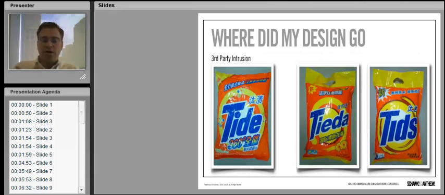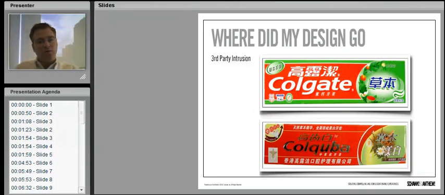And the Chinese government has yet to put laws around copycatting. Here's Tide. This is another great example. Looks real close. The one on the left obviously is the real one, and the two on the right are a little different. But if you don't have any brand history or legacy or understanding, you've never seen this brand before, it clearly could fool you. Colgate. Now we're getting on to one that's a little bit more scary because this goes in your mouth.